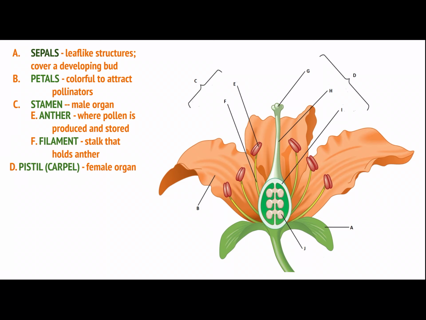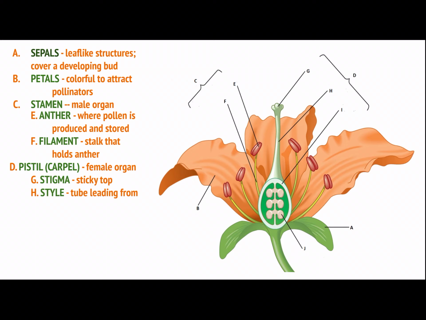Then you have part D here, which is the pistil, also known as the carpel. Either word is perfectly fine to use to identify the female organ of the flower, because that's what it is. Now, as opposed to the stamen, which has 2 parts, the pistil has 3 parts to it. We have the stigma, which is the very sticky top.